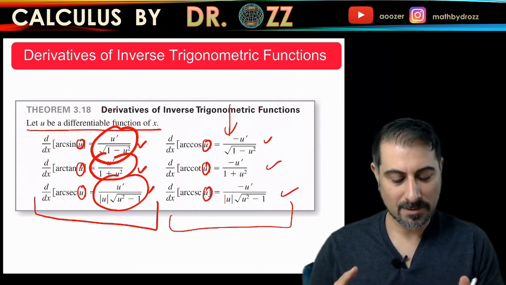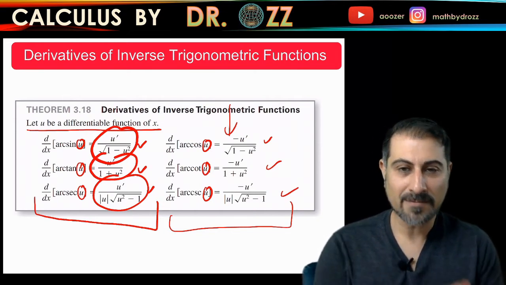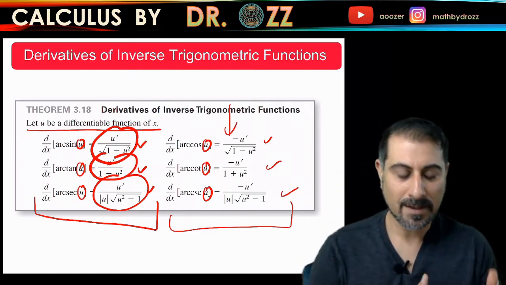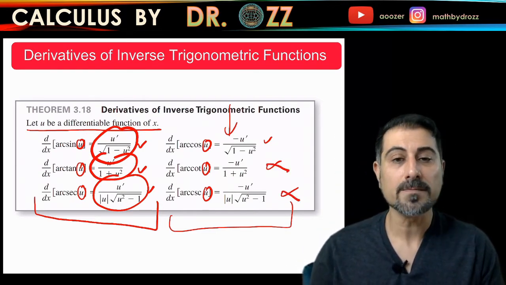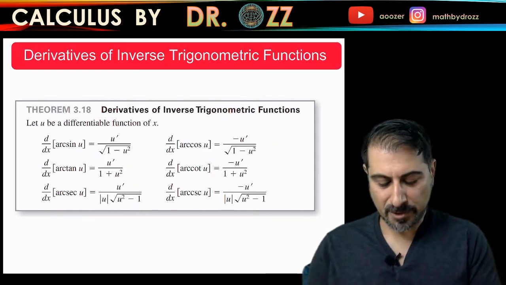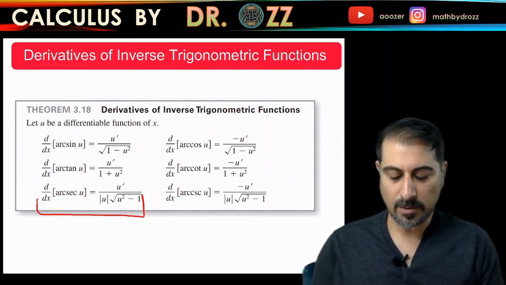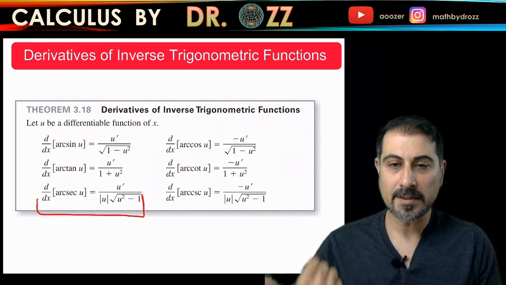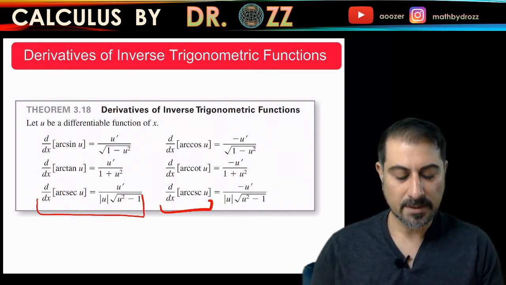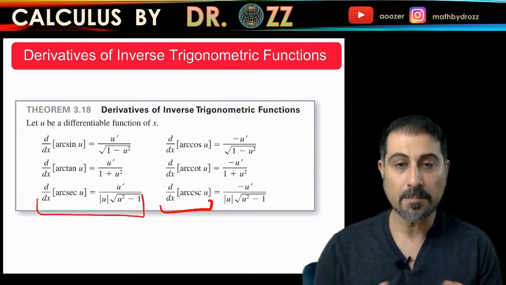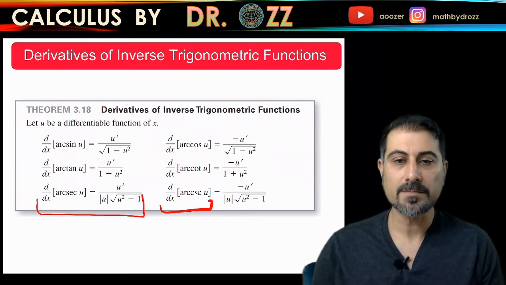And the derivative of arc cosine is the negative of the derivative of arc sine. The same thing is valid here as well. So in other words, if you know the derivatives of all 3 functions here, arc sine, arc tan, and arc secant, the derivatives of arc cosine, arc cotan, arc cosecant are the minus versions of those.